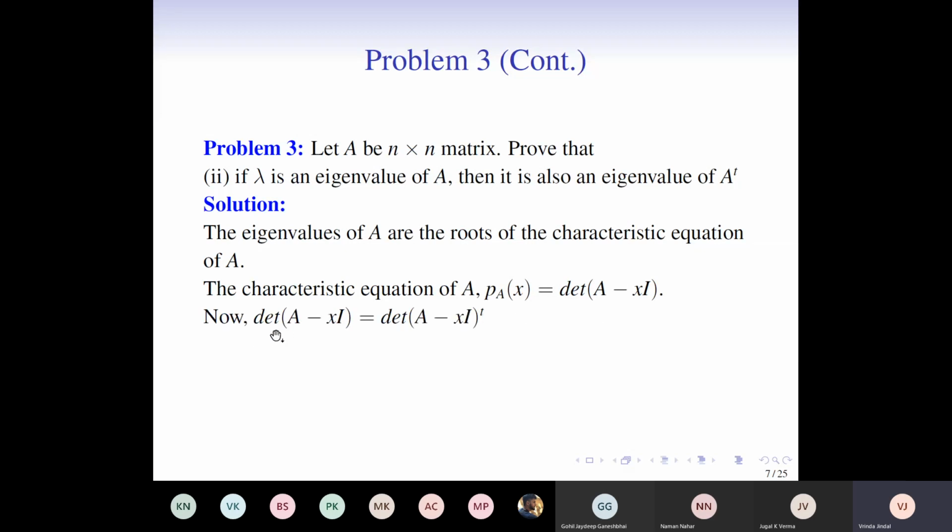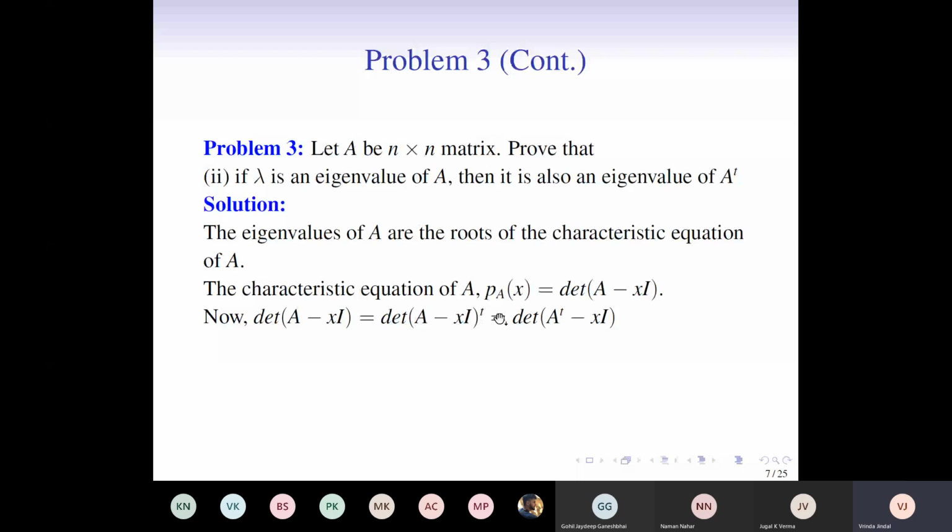Now we are again using the properties of the determinant function. Determinant of A is equal to determinant of A transpose. So determinant of A minus xI is equal to determinant of (A minus xI) transpose. Take the transpose inside: (A minus xI) transpose is equal to A transpose minus xI transpose, and xI transpose is nothing else but xI.